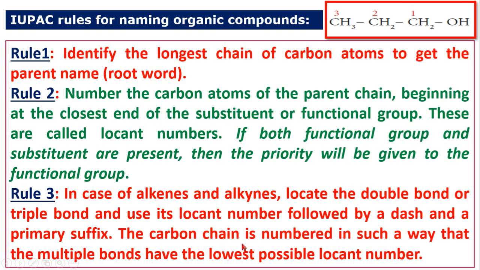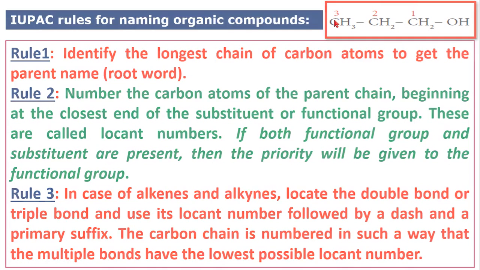The carbon chain is numbered in such a way that the multiple bond, double bond or triple bond, or single bond, has the lowest possible locant number. For example, here a double bond is on the first carbon, so in this way, from the left side only you have to number the carbon atoms. So you have to number as 1, 2, 3.